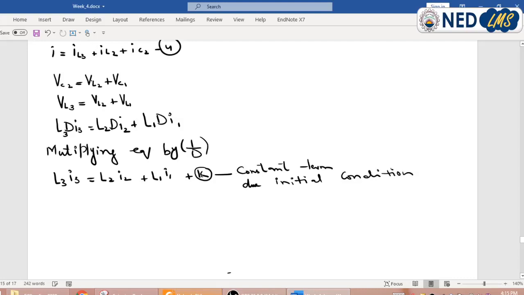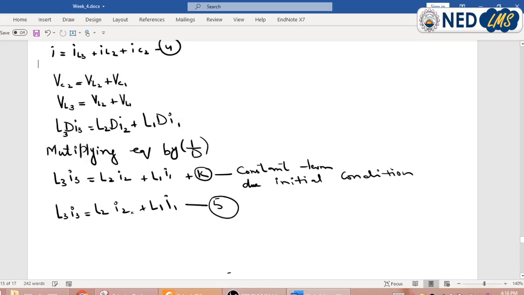Usually we take this K equal to 0 for our convenience because we consider no initial condition. So this equation will be L3 I3 is equal to L2 I2 plus L1 I1. I will name this equation as equation 5.